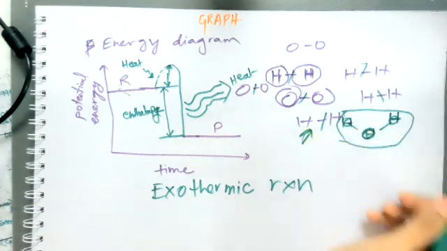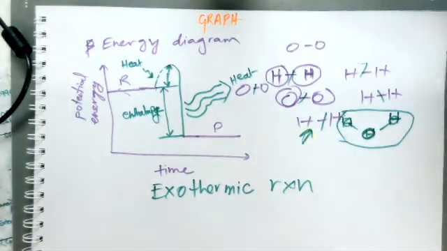Okay, Maruj wants to say something. Yes, Maruj. Which bond does this contain, the HH bond? These are covalent bonds. Did that satisfy your question, or were you trying to ask something else?